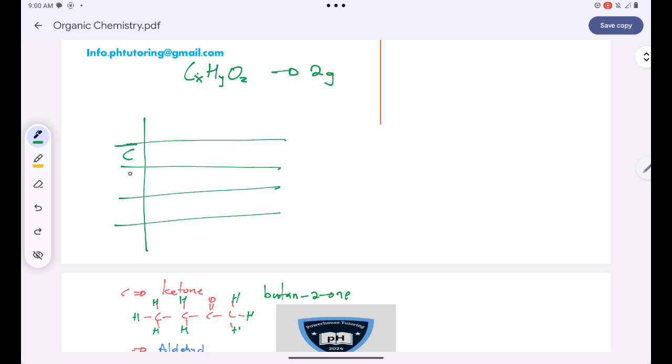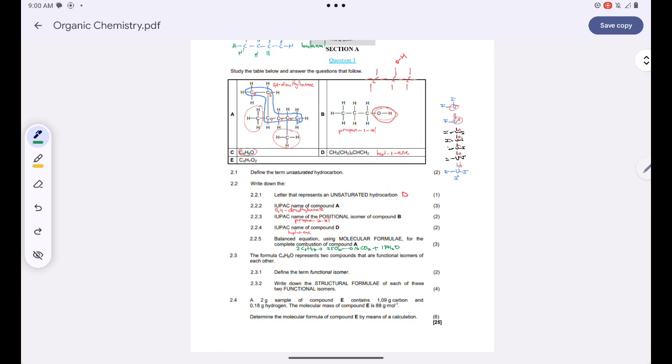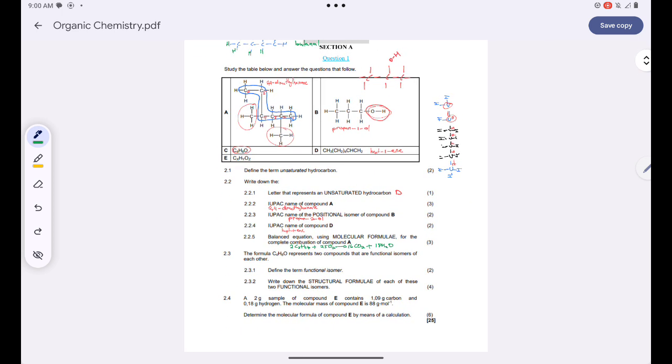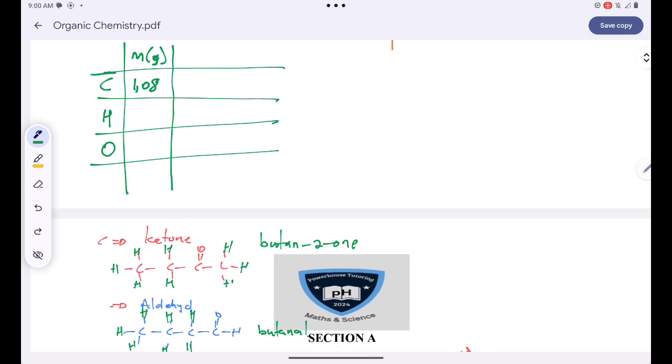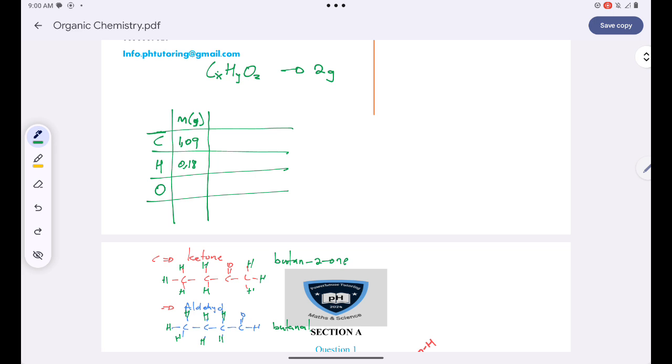We are given carbon, hydrogen, and oxygen, and we are given their masses in grams. The carbon is 1.09, and the hydrogen is 0.18. So how can I find the mass of the oxygen?